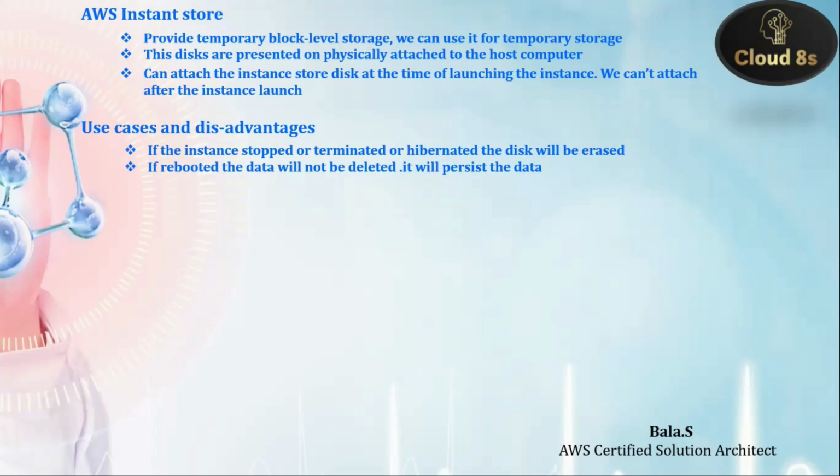So this is one of the disadvantages. You can't retrieve the data, so be sure about that when you work with the instance. Apart from that, in case you are rebooting, the data will persist. That will not erase anything. Apart from reboot, if you do anything else, the data will be gone.